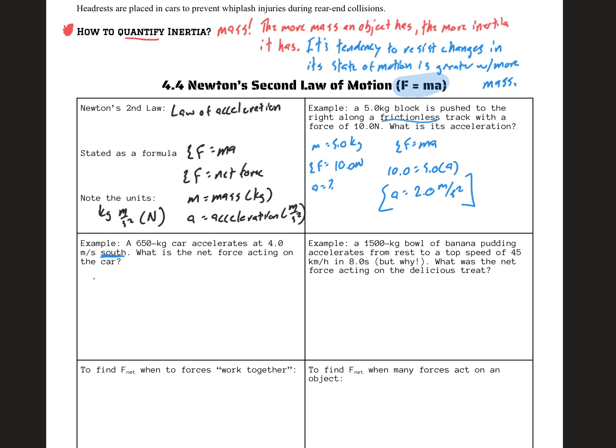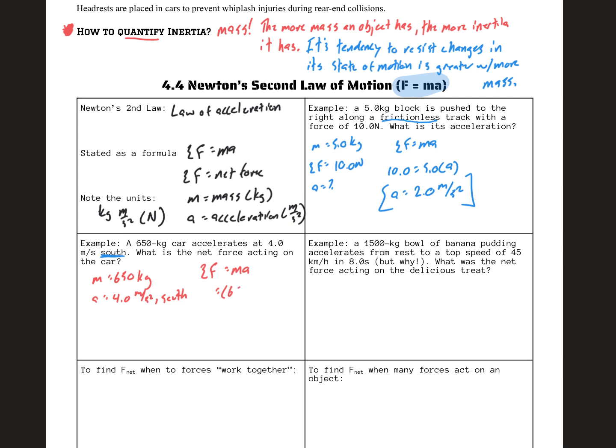So for this particular question, we know we have a mass of 650 kilograms. Acceleration, here it gave me 4.0 meters per second squared south. That could have been negative, I'm not sure of the context of the question, but for these simple ones, we'll just roll it like this. Net force is mass times acceleration.